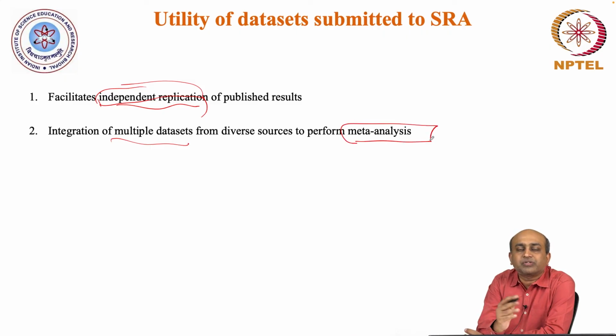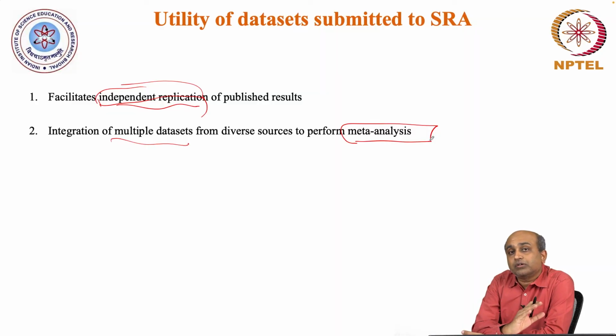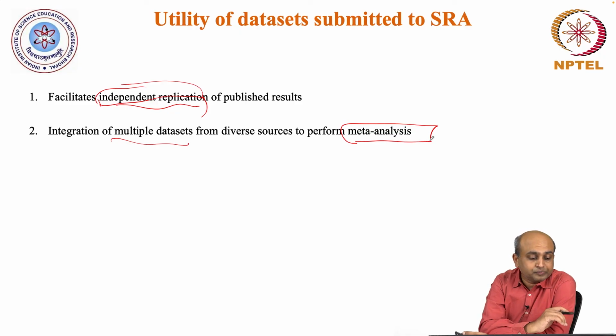For example, you have patients suffering from some specific type of cancer in 10 different countries. You can take all these data sets and see if this type of cancer has a very similar signature in all these countries, or whether there are some country-specific differences. This kind of follow-up can be done since all this data is available on one particular platform.